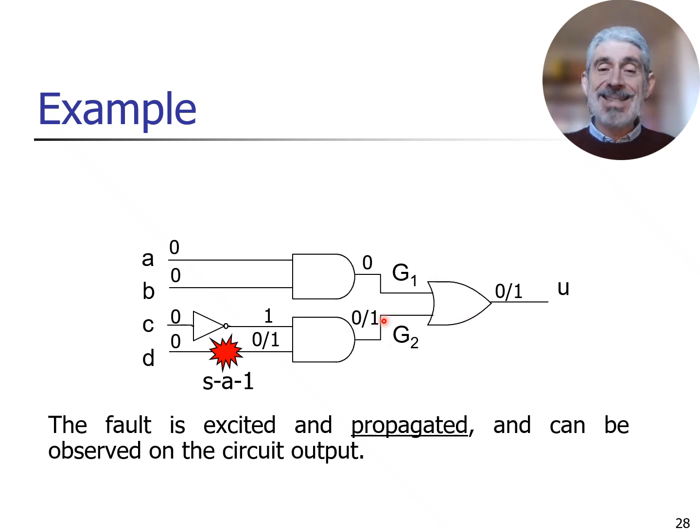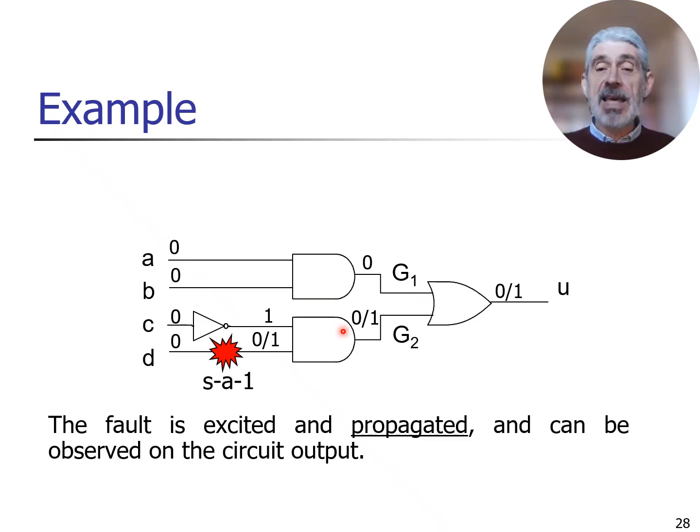If I want this difference, this error, to propagate to U, I need the other input of the OR to hold a transparent value. In this case, with the OR, the transparent value is 0. So I need to have a 0 on G1, which can be obtained, for example, by forcing A and B both to 0.